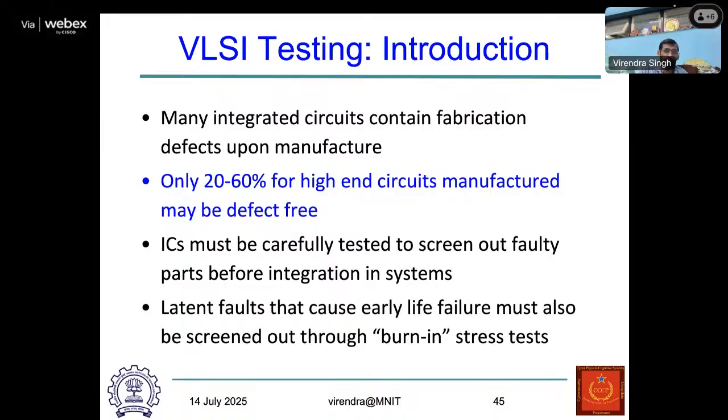That's the main thing. Say, for example, you want a chip that you are using in the braking system of a car. We are manufacturing, and say 20% chips are good and 80% chips are bad. Now you cannot afford to ship a single bad chip to the customer who will use it in the braking system.